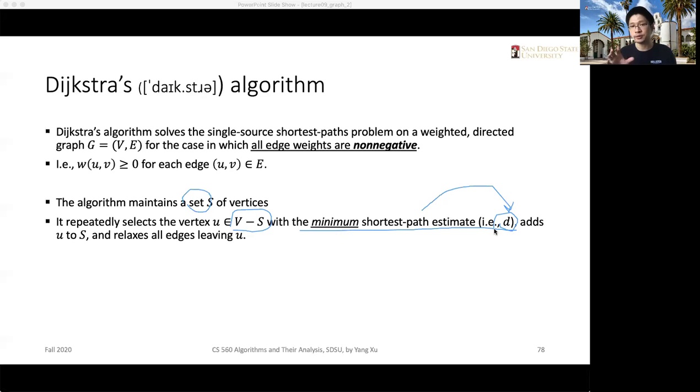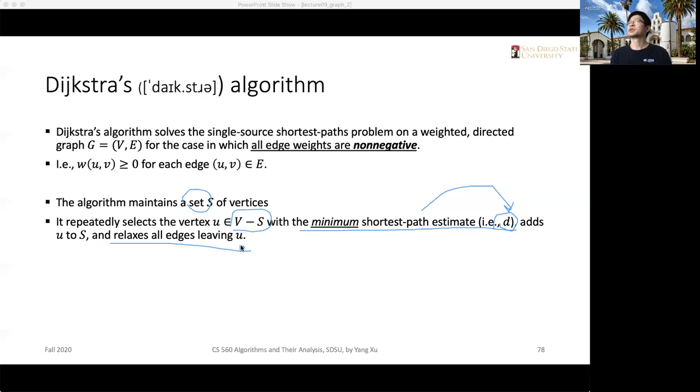It will add that vertex to S, and then relax all the edges leaving it. In short, within the remainder part, we find the vertex that has the minimum d value, add it to our final results, and relax all the edges leaving that vertex.